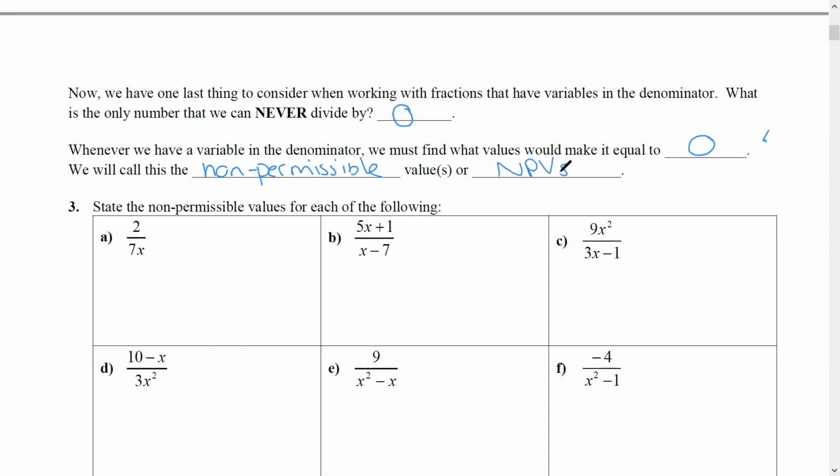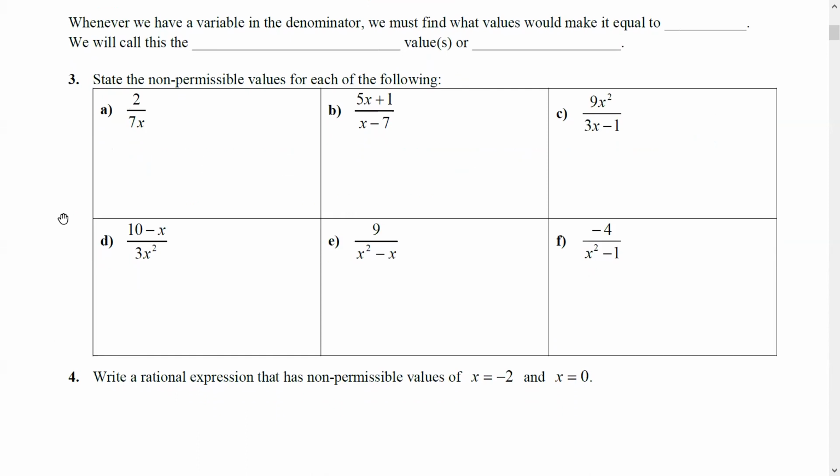And I'm lazy, so I'm going to say NPV a lot. This is incredibly important. I cannot stress enough how important this is going to be for this entire unit. So if you struggle with this, I need you to come to tutorials and ask some questions right away.